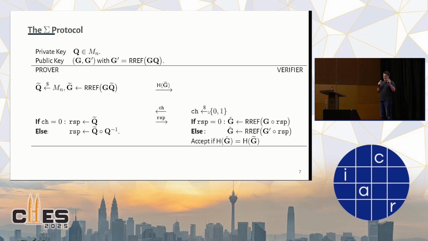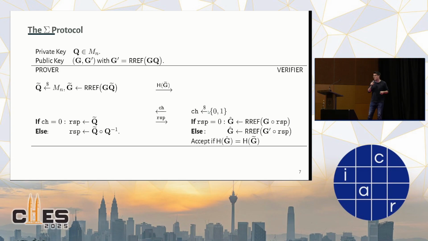Now the prover, as before, samples a Q tilde, commits to it, or more precisely, commits to the hash of G tilde, and then the verifier could ask, hey, please either give me Q tilde or Q tilde times Q. In either case, he can verify that the commitment is correct, either going the way from Q or the way from Q tilde. It's exactly as before. This is absolutely perfectly fine. You can apply the Fiat-Shamir transformation, get a signature, and we are good to go. This thing has one big problem, and that's this response. Those are matrices.